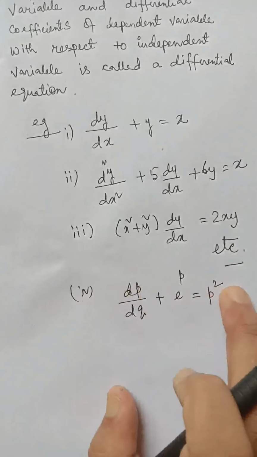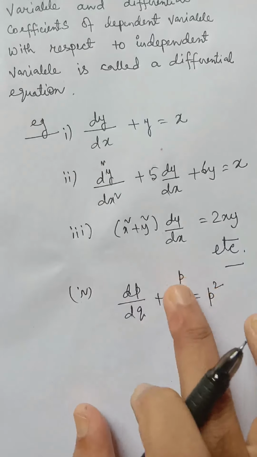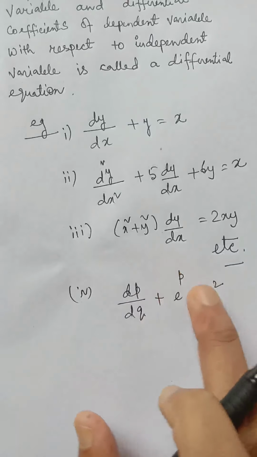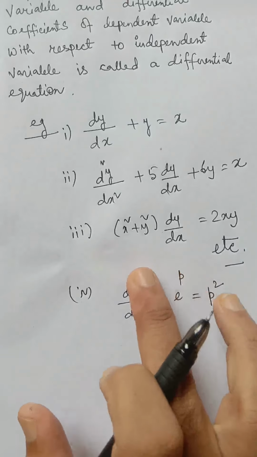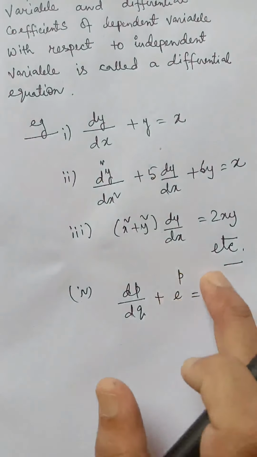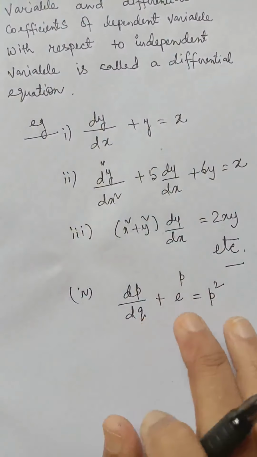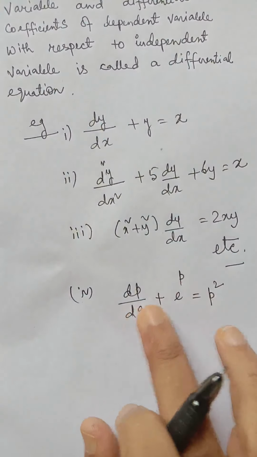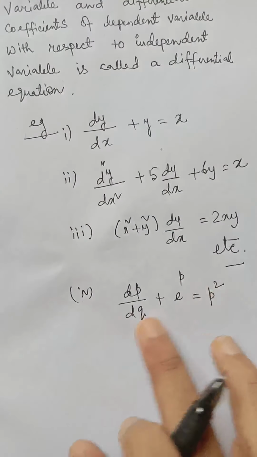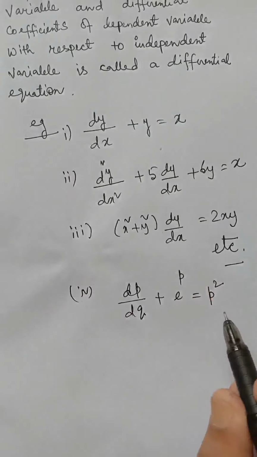It may happen that this term contains only p, this term may contain both p and q, and these terms may contain only q. Okay, so simply a relation between derivative and variables is called a differential equation.